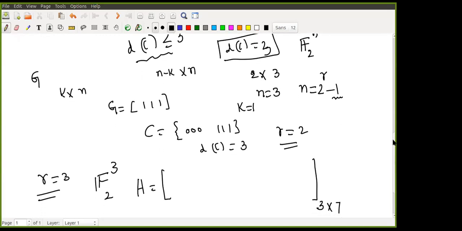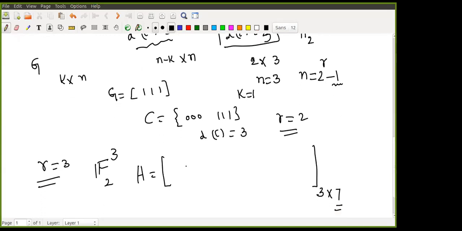The zero vector is removed. So with r equal to 3, it is 2 power 3 minus 1. The size of this is actually n minus k cross n, right? Anyhow, I'll come to that in a while. So this is 7, right?